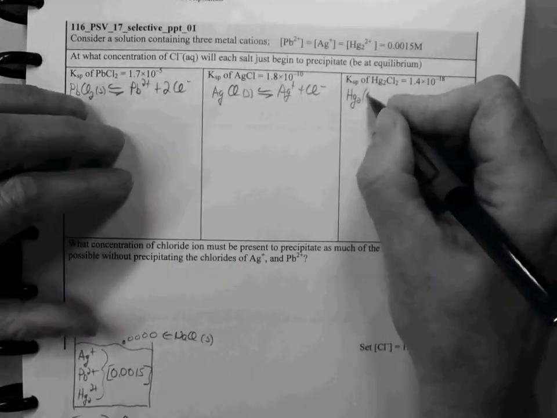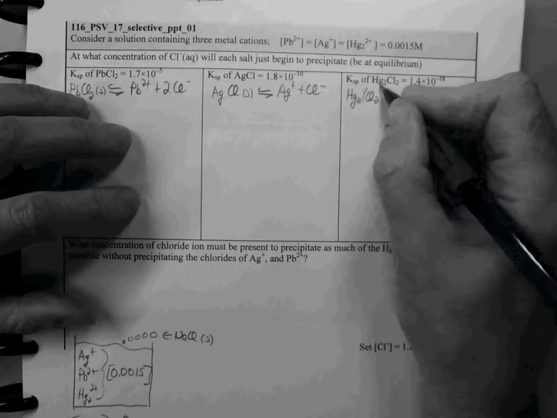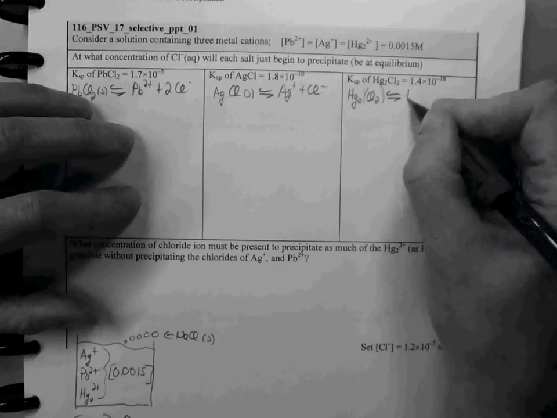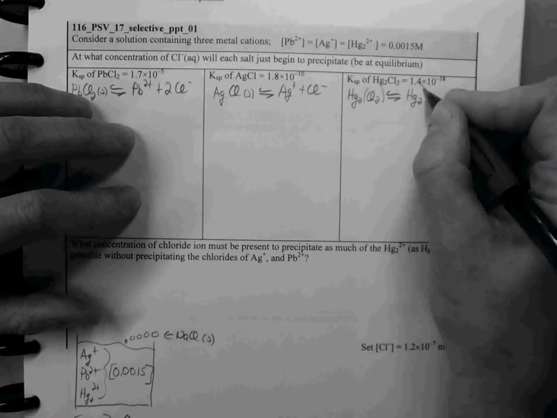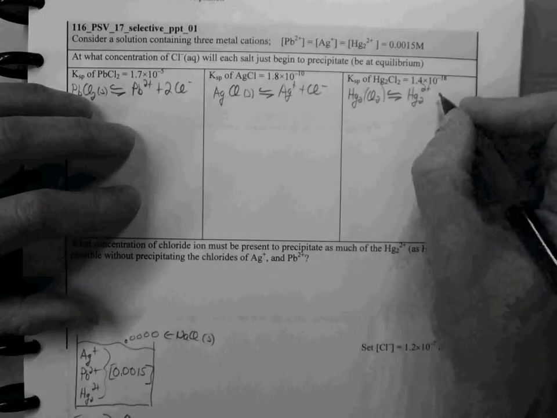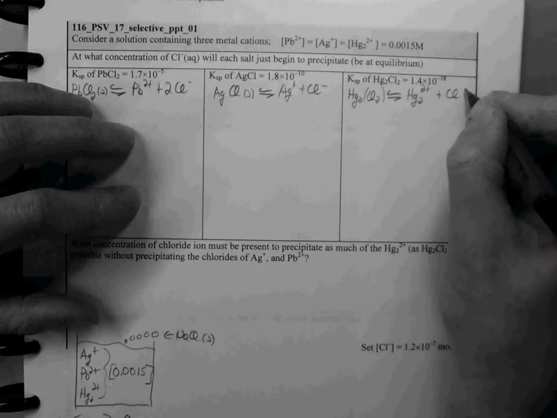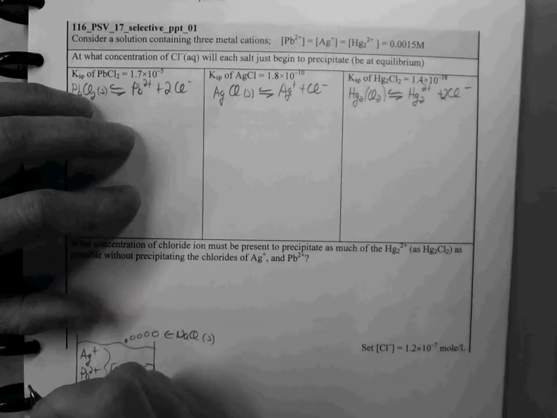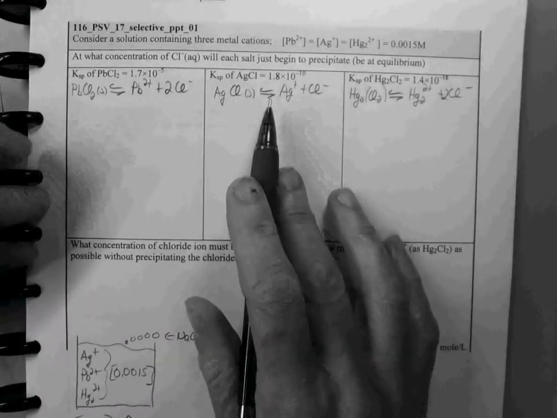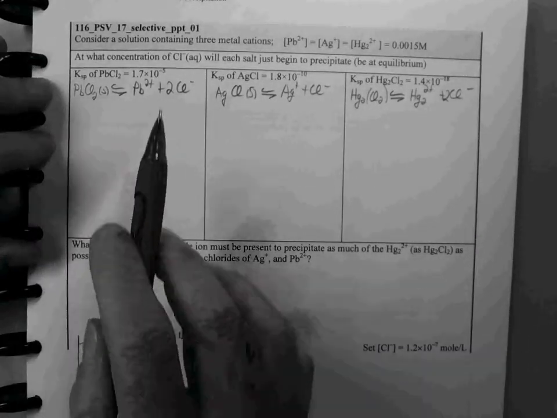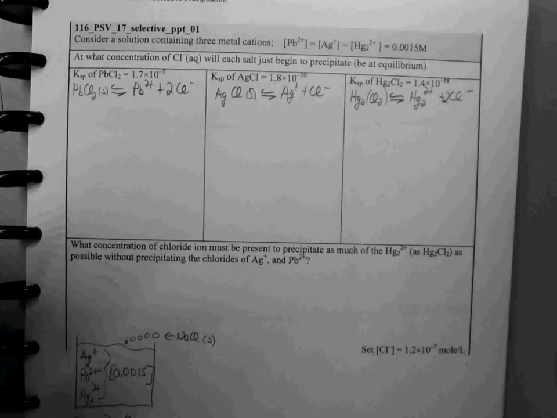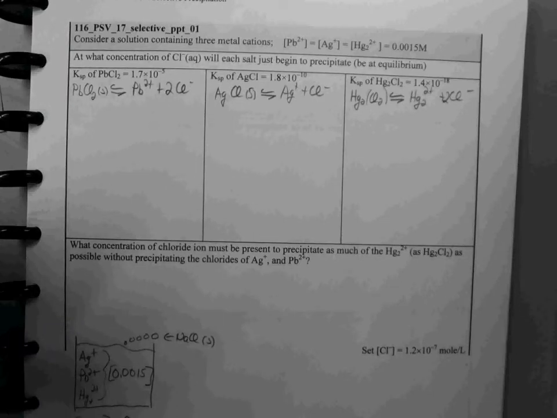And remember this weird mercury ion, the mercury(I) ion, is a little strange as it's essentially 2 atoms of mercury with a net charge. And then we get 2 chloride ions. So in each case we can set IP equal to KSP and determine what concentration the chloride ion needs to be in order for that system to be at equilibrium. So we'll take these each in turn.